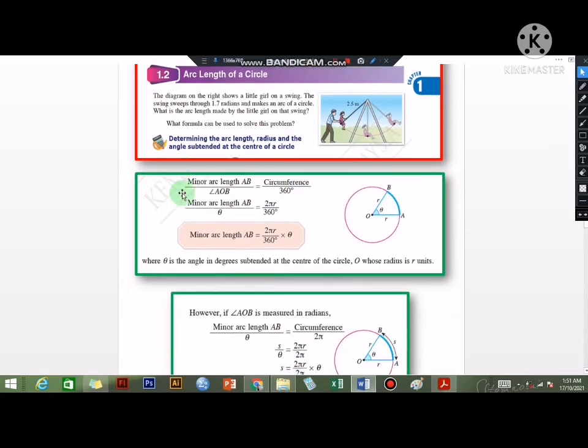Let's look at this one. I think this is a very familiar formula you learned before in maths. This is the minor arc length.